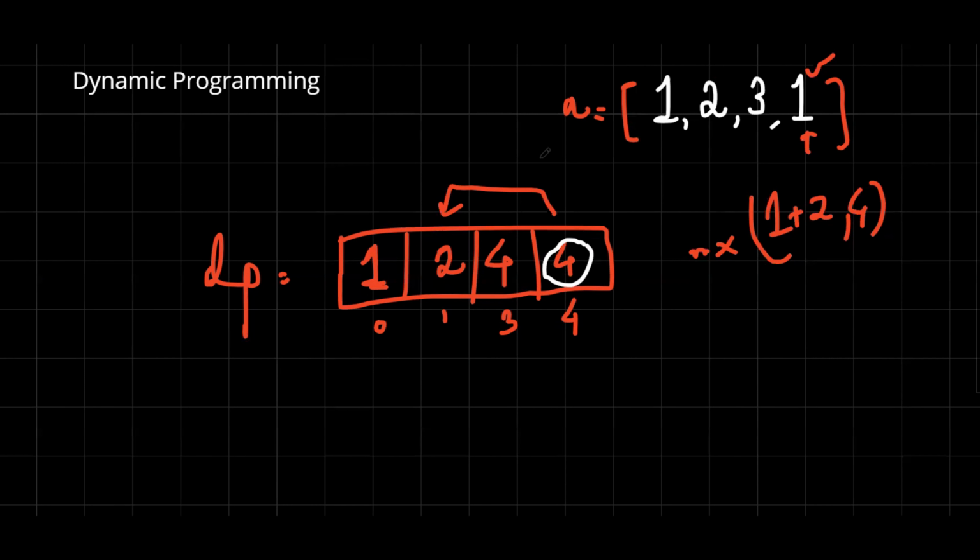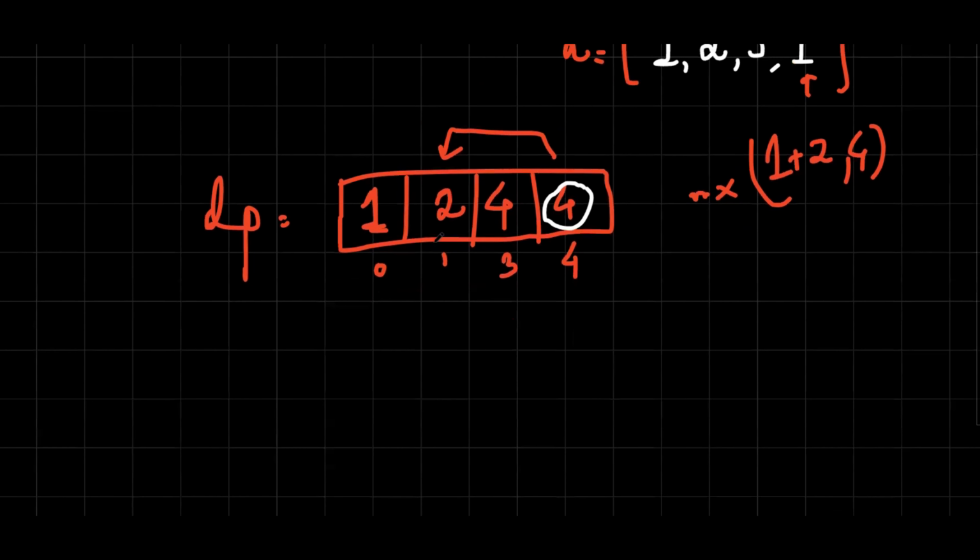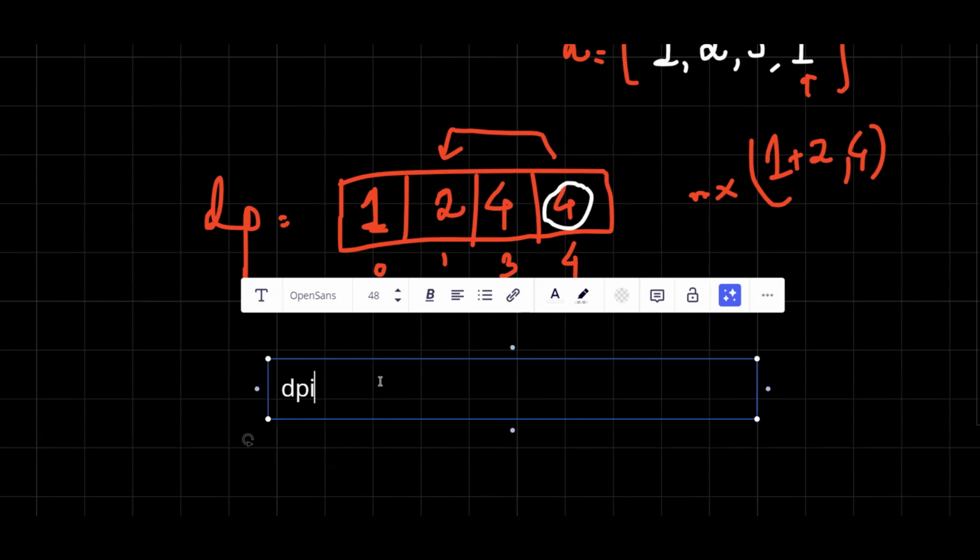So finally, we can conclude the formula: dp of i is equal to the maximum of a of i plus dp of i minus 2, or dp of i minus 1.